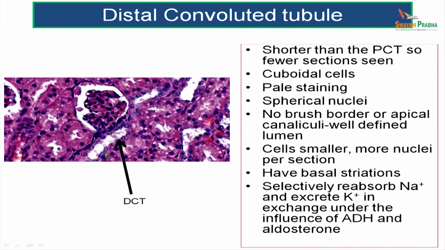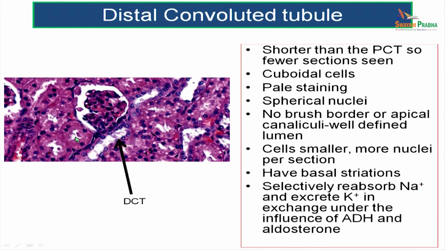The distal convoluted tubules are also lined by cuboidal cells, but they are paler staining as compared to the PCT, which is dark staining. They have spherical nuclei, there is no brush border, so the lumen is well defined.